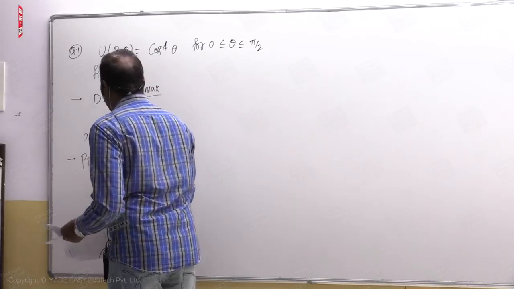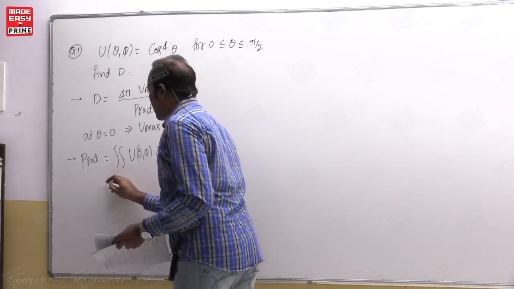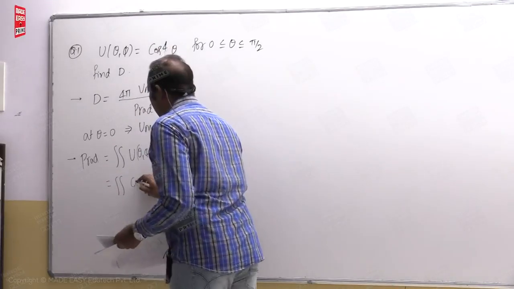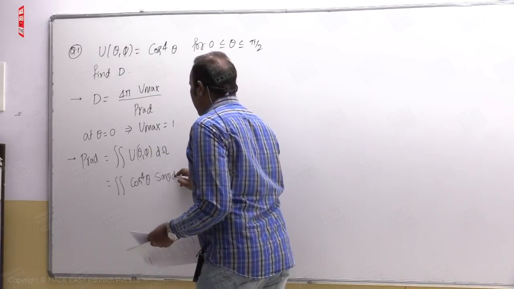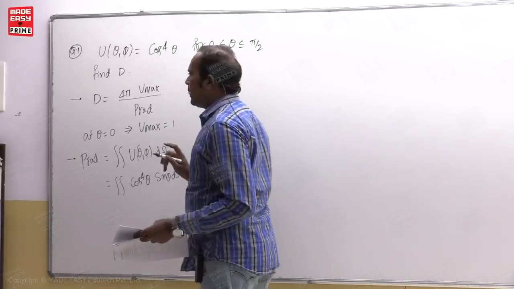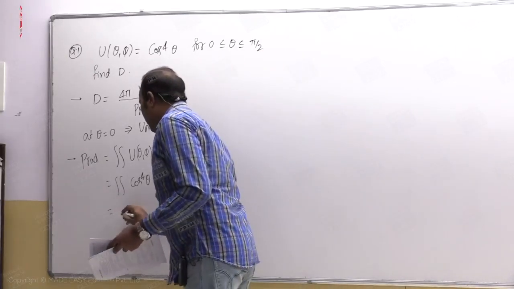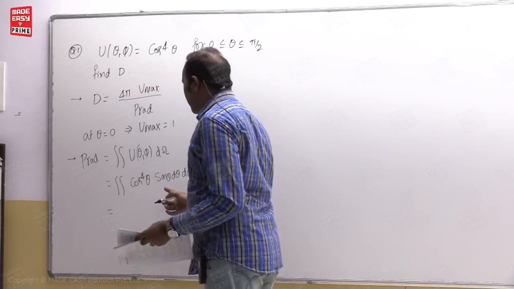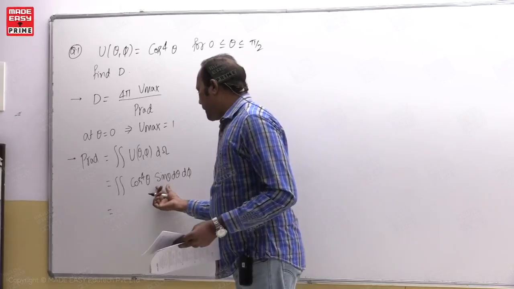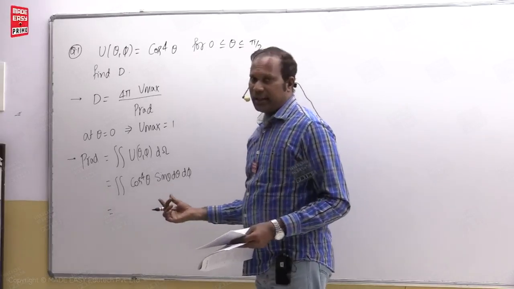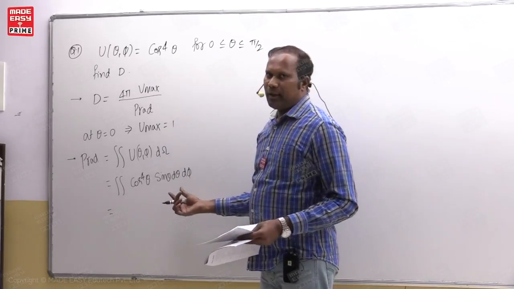Now, given the radiation intensity, the power radiated is equal to the double integral of U theta phi over the differential solid angle, that is a double integral of cos power 4 theta d omega, where d omega is actually sin theta d theta d phi. Actually, these questions are very simple. You have to remember the formulas thoroughly, students. Right. Now, if you take cos theta as x, then differentiation gives minus sin theta d theta will be dx.